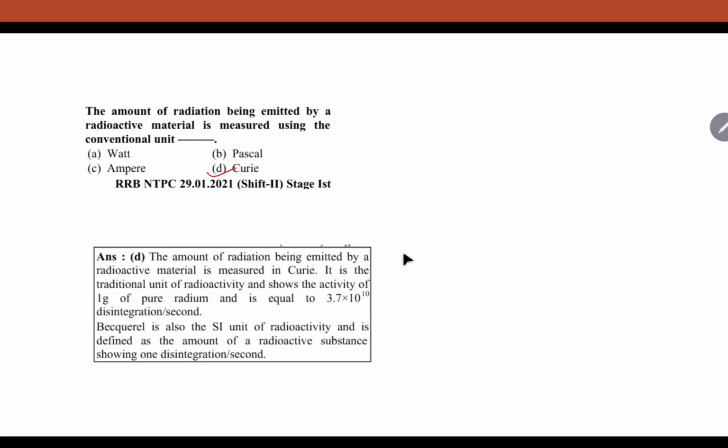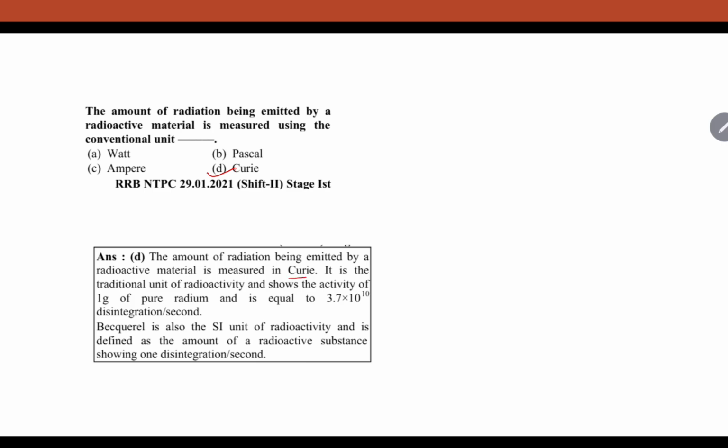The amount of radiation being emitted by a radioactive material is measured using the conventional unit. So the answer for this question is a Curie. D is the unit for the amount of radiation. The amount of radiation being emitted by a radioactive material is measured in a Curie.